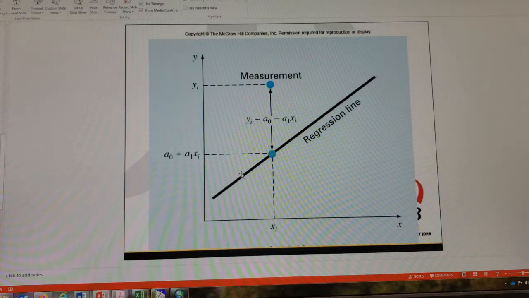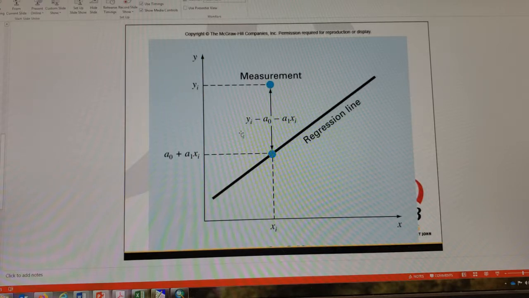So the regression line represents the best possible solution to the question of minimizing the distance between something that we measure and that line.